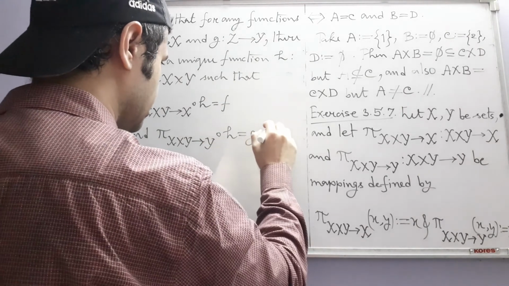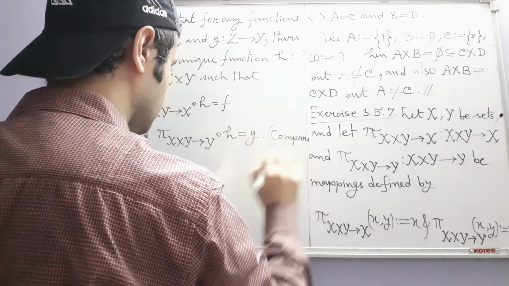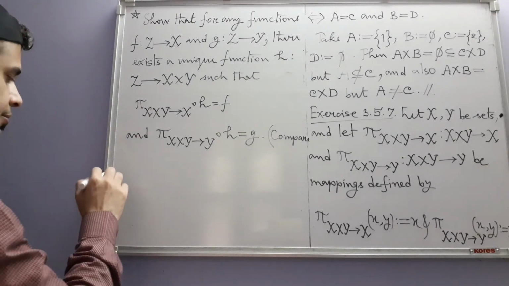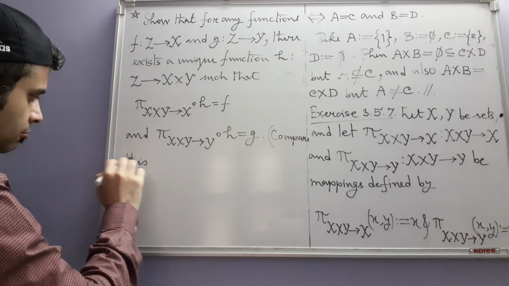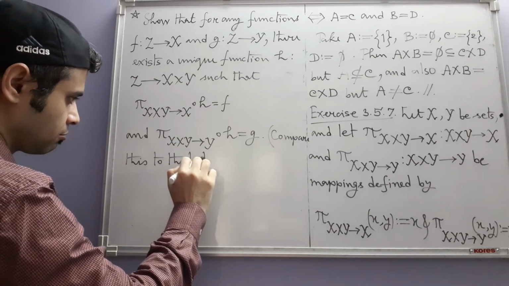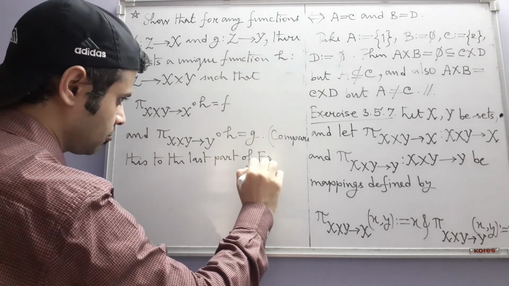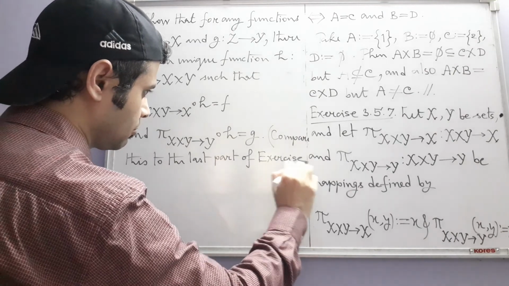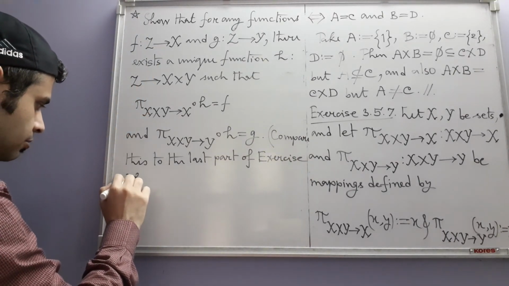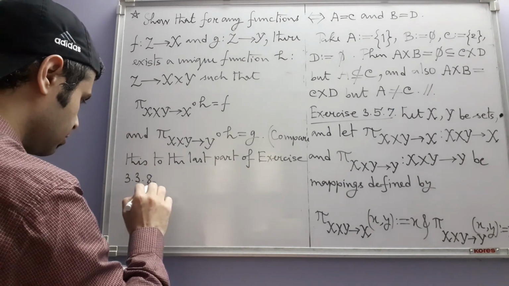Okay, and there is something else also, a sort of remark. Compare this to the last part of exercise 338. You can go back to these exercises and see what they are talking about.